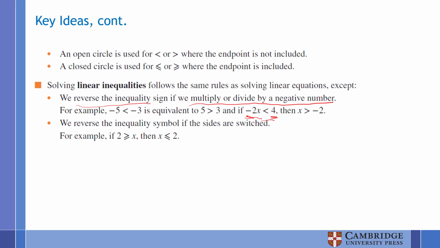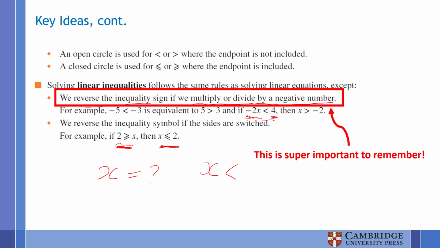So if I say that 2 is greater than or equal to x, remember our convention is that when we're doing our equations, our final answer will be x equals something. Okay, well, same thing with our inequalities. We want to write it as x is less than something or greater than something, etc. So if we got to a point where it was 2 is greater than or equal to x, well, we flip it around and say, well, x is less than or equal to 2. Okay, so we've got to change the direction of the sign if we flip it around.